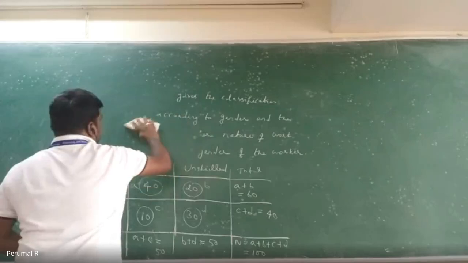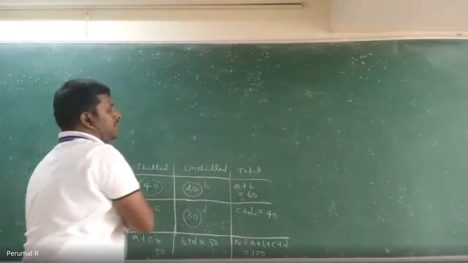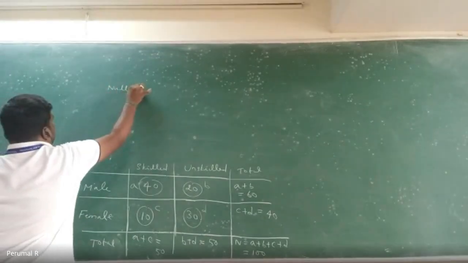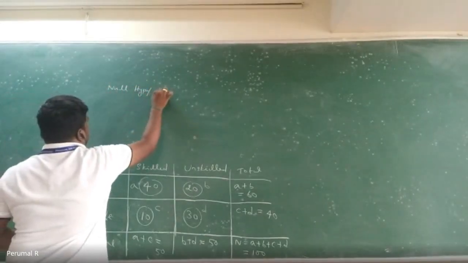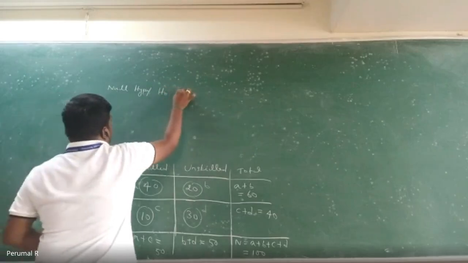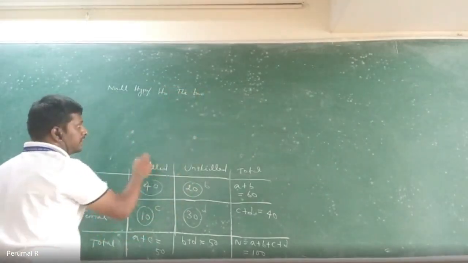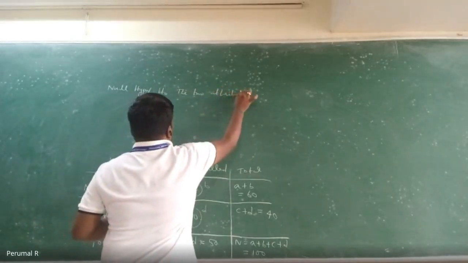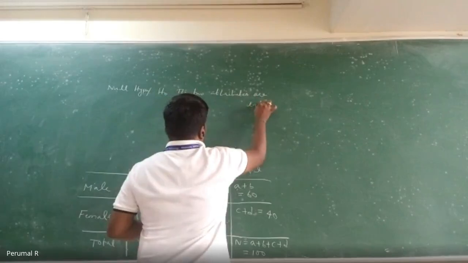So now you can set up your null hypothesis and the alternative hypothesis. The null hypothesis, H naught: the two attributes, gender and the nature of the work, are independent.